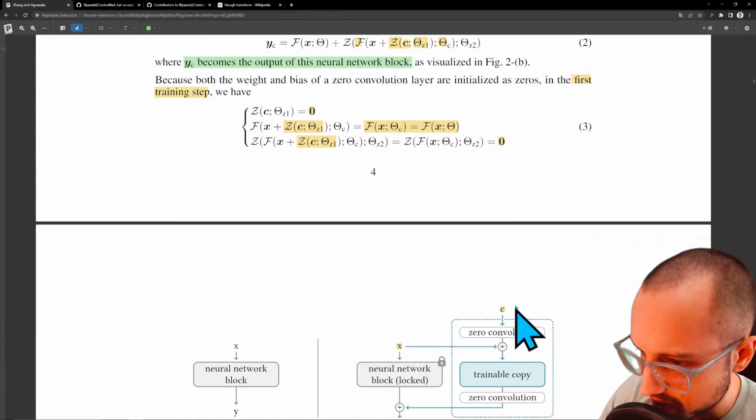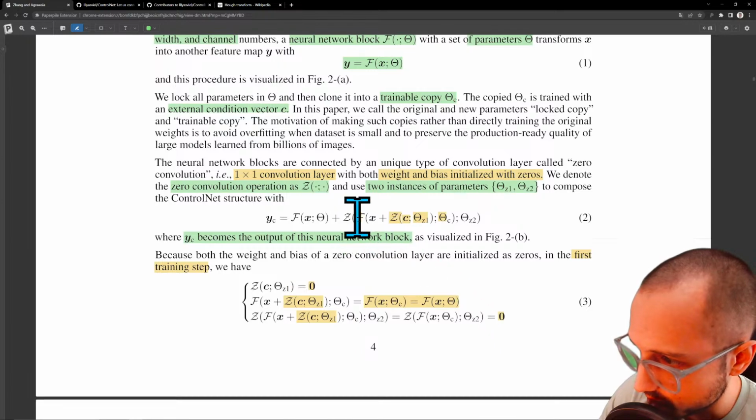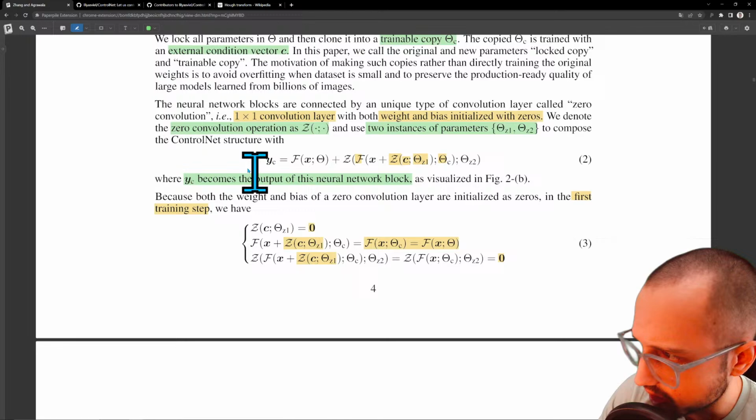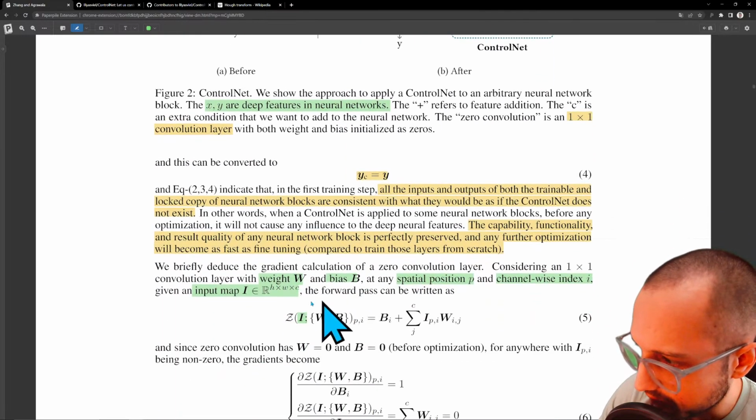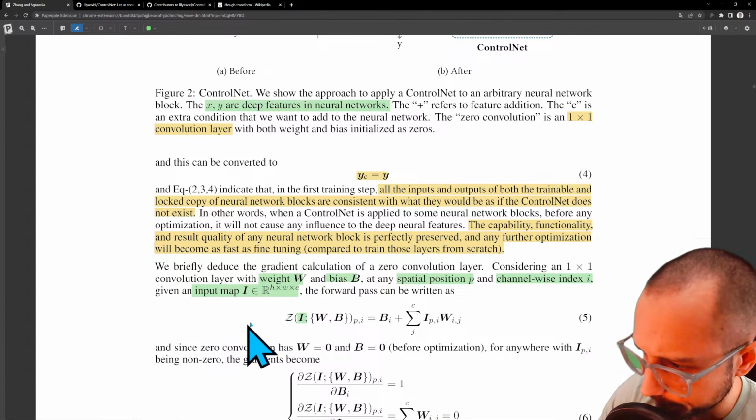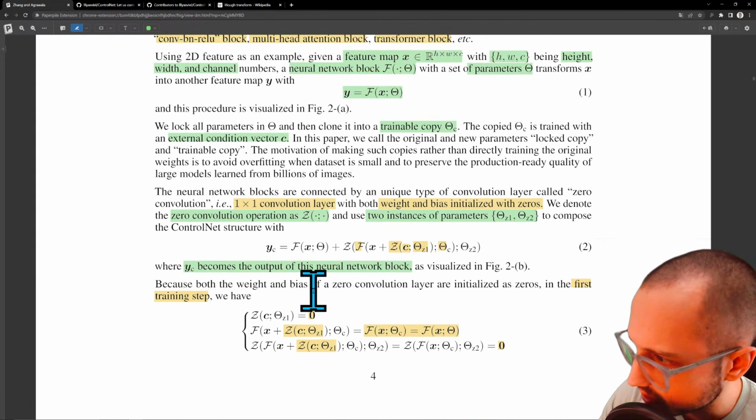So here the C, right? The input to the zero convolution was originally called a condition vector C, but now here it's an input map, H by W by C. Damn, this is no good.